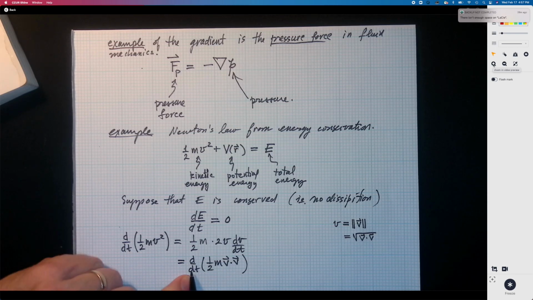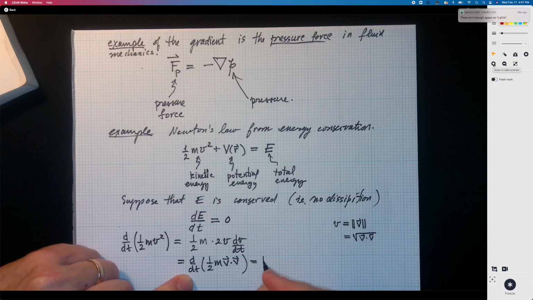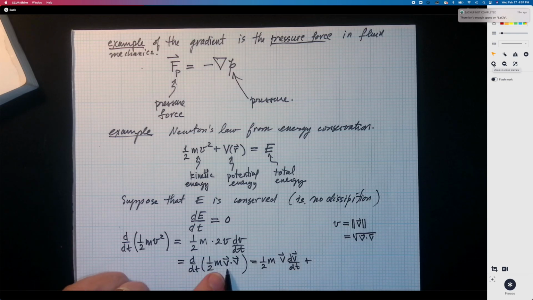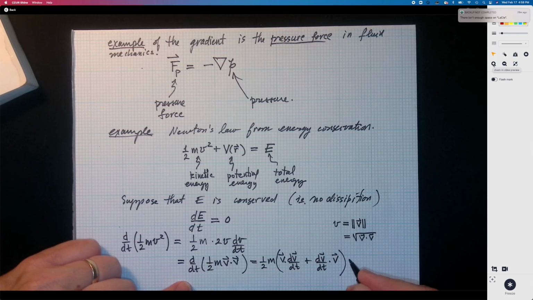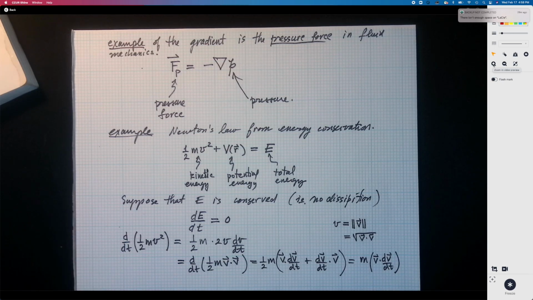Now if I use the product rule on this, I'll get 1/2 m v times dv/dt plus the derivative of the first dotted with v, which is just m times v dotted with dv/dt. So the time rate of change of the kinetic energy is m times the velocity dotted with the time derivative of the velocity.